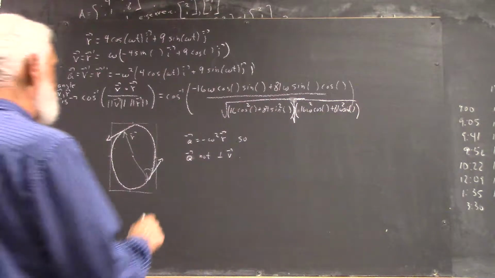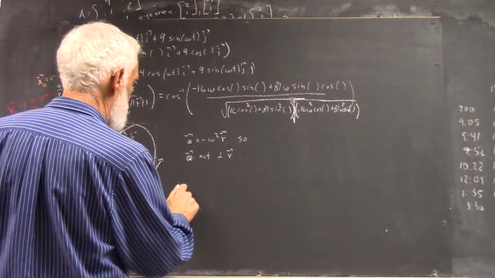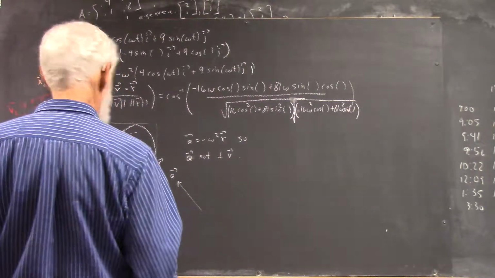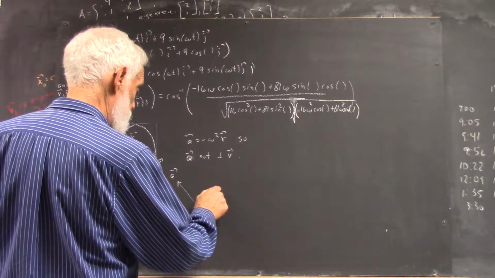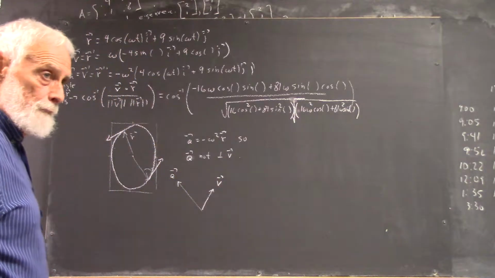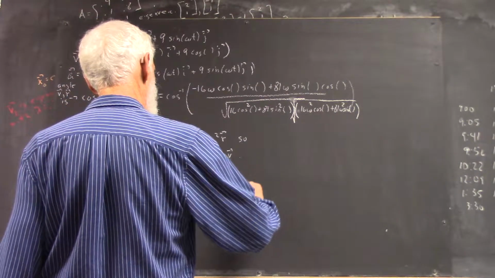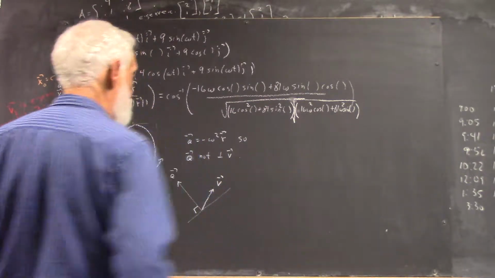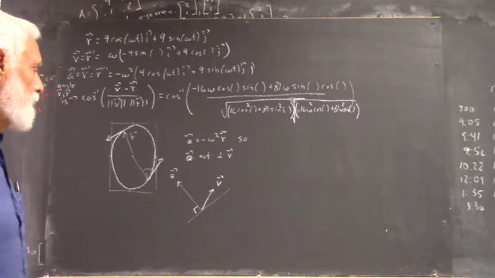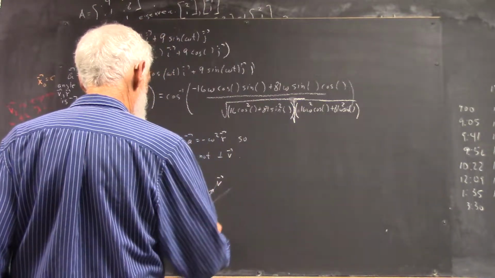So now we have an acceleration. Okay, here's our acceleration vector, and here's our velocity vector. And here is a right angle with the acceleration vector, right? And I don't want to do that. I want to do a right angle with the velocity vector. I can do it either way.